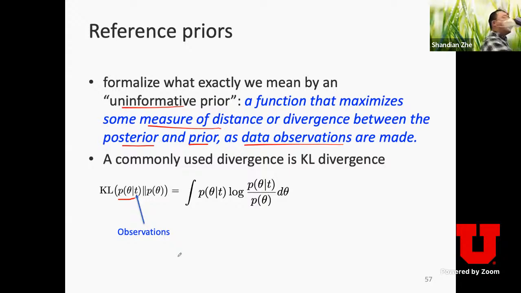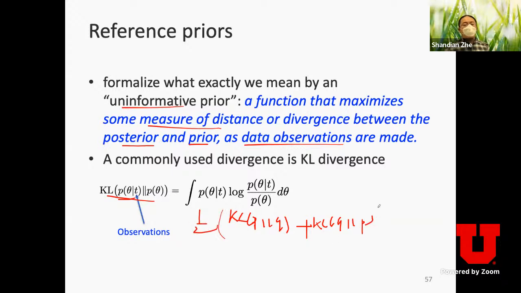For computational convenience, people usually use the original one. But you can definitely use this, KL from P to Q plus from Q to P, and you can take half. There is a special name for this, and you can use that for sure.